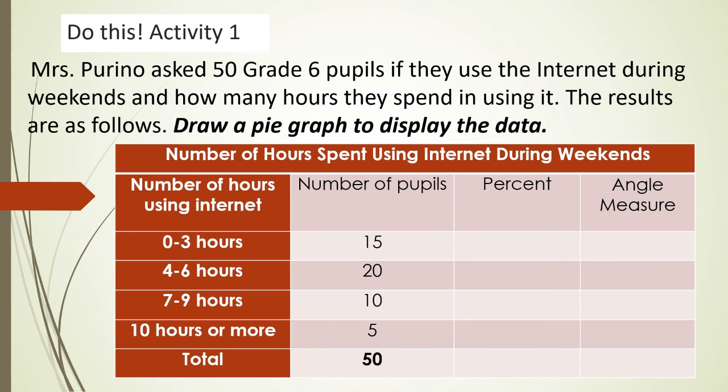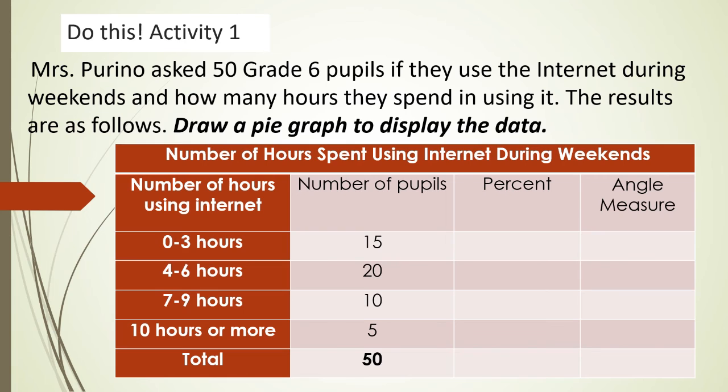So we have here a table for the number of hours using internet: 0 to 3, 4 to 6, 7 to 9, and then 10 hours or more. Then we have the number of pupils or our respondents, grade 6 pupils. And then we have the percent and angle measure.